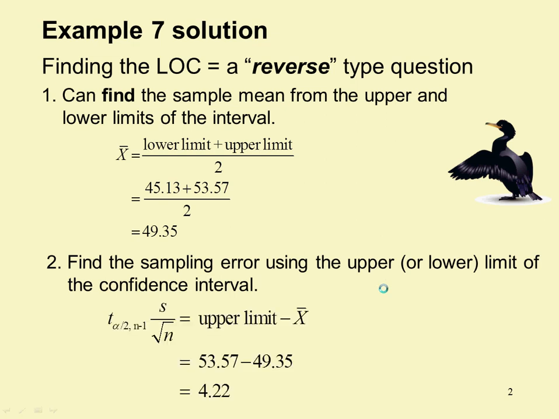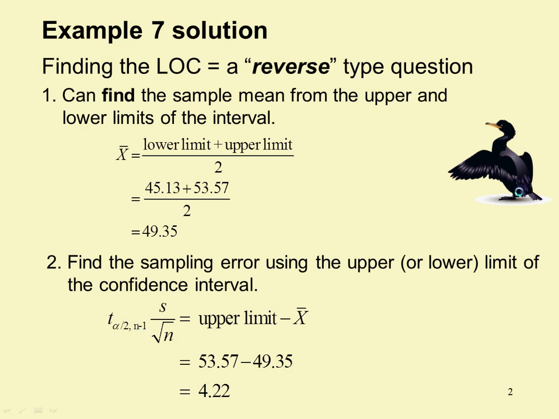If you take the upper limit and subtract the mean, that should give you a positive value, and it should equal the sampling error, which is what we've seen in a problem where we have a sample mean, we don't know the population standard deviation, and we do know s. And when we use s, we know we use t. So just notice this is the critical value for this particular type of problem.